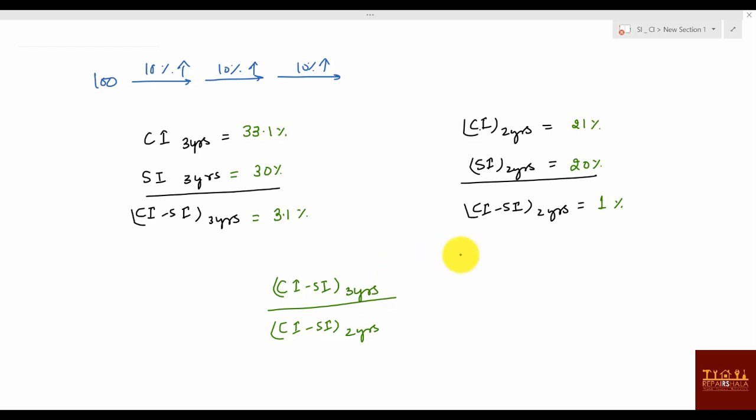If the rate of interest is between 0 and 100, and obviously the interest rate will always be between 0 and 100 only, this ratio will always be more than 3. It will be something like 3 point something. In this case it is 3.1. Now when it is 3.1, what can you say?